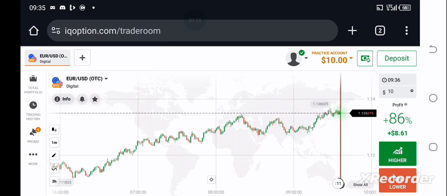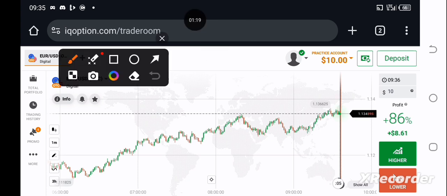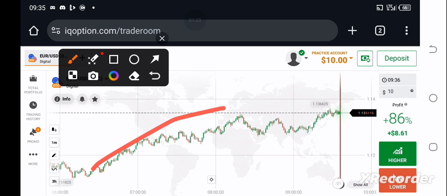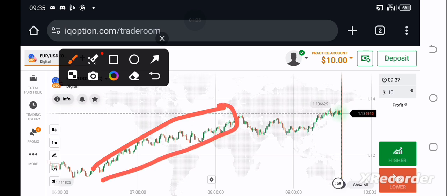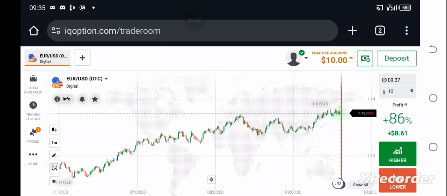So this is the major trend. Let me repeat again. The entire of this area is the major trend. At this point in time, this is the minor trend. This one is also a minor trend. All the pullbacks or the retracements are called minor trends.